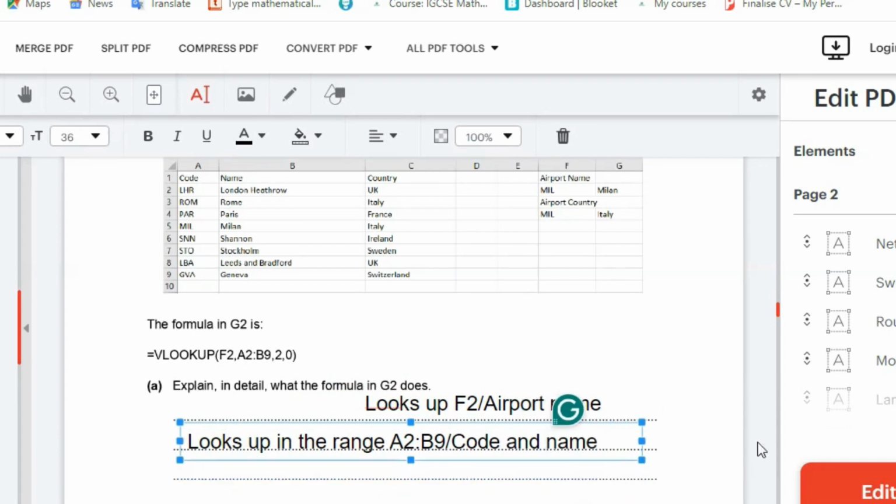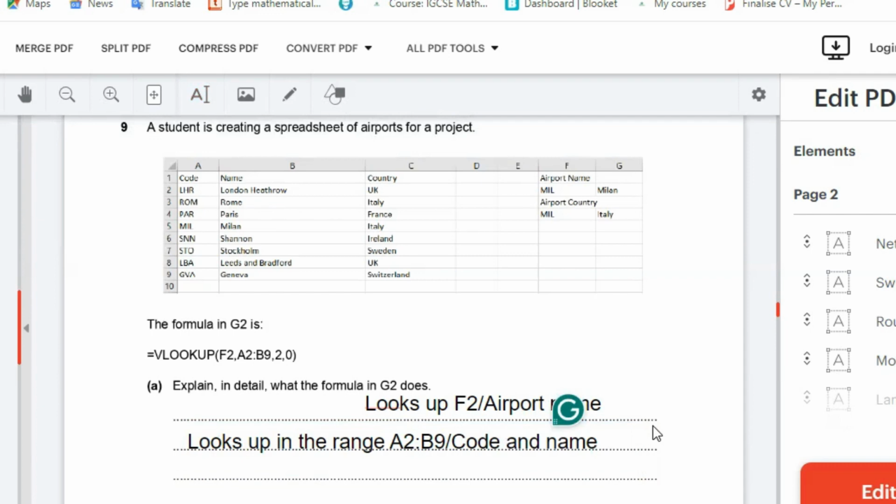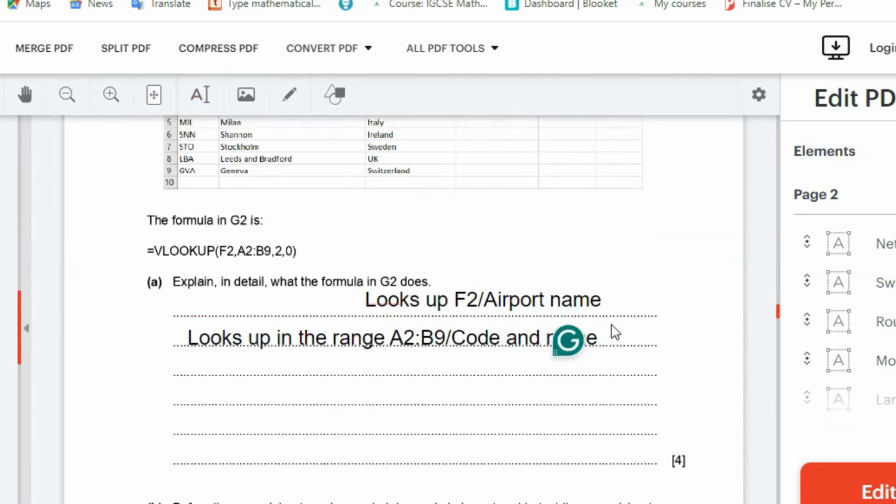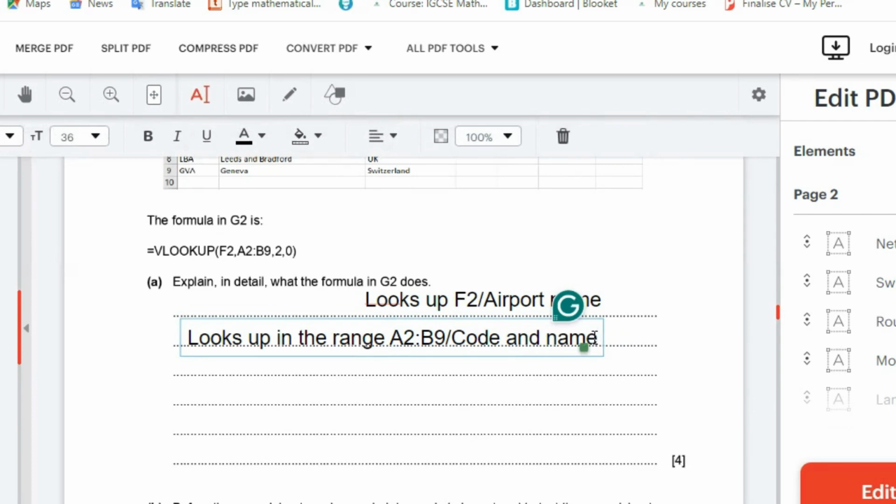All right. So the mark is 4. I'm going to give you 4 before we move on to the next question. So let's look up one more.